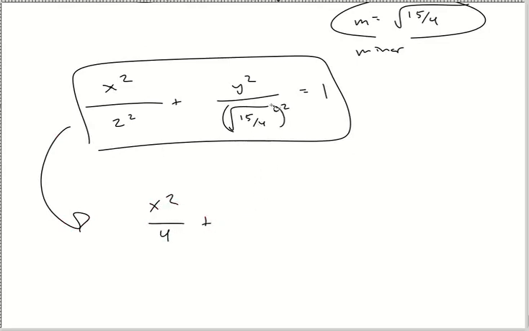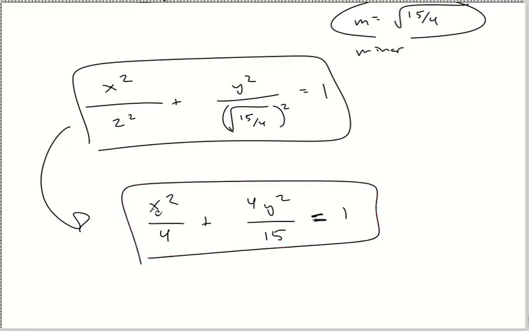And then this square to square cancels, makes that 4 come to the top: 4y squared all over 15 equals 1. You can always simplify it, but I am 99% sure WebAssign does not need simplified versions. I mean, I'd never do simplified versions.